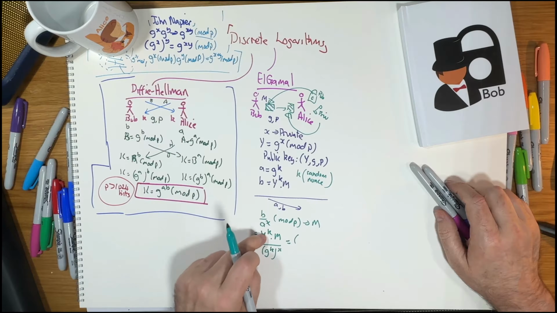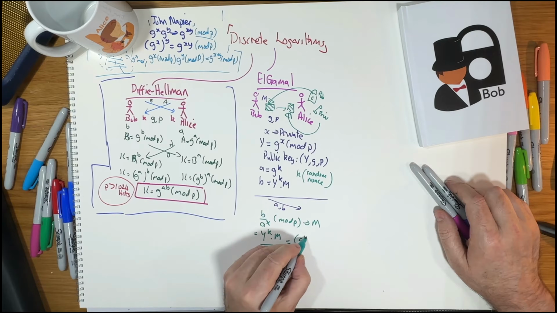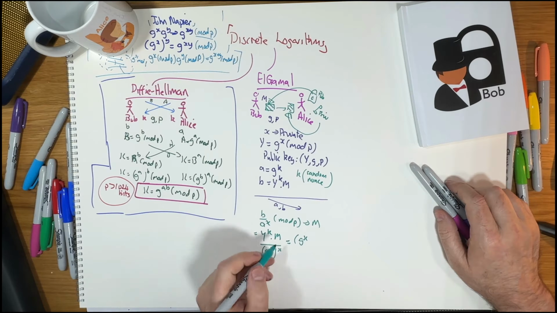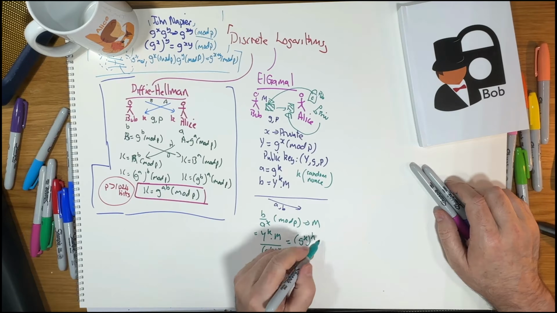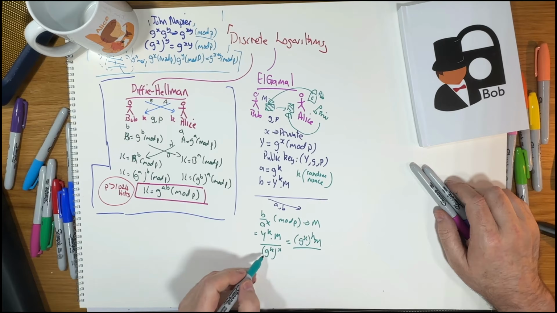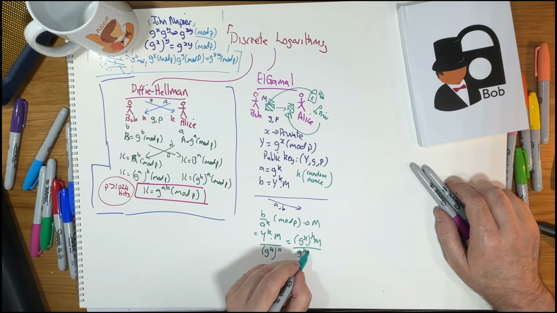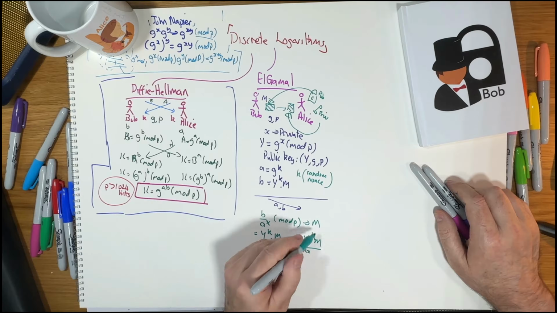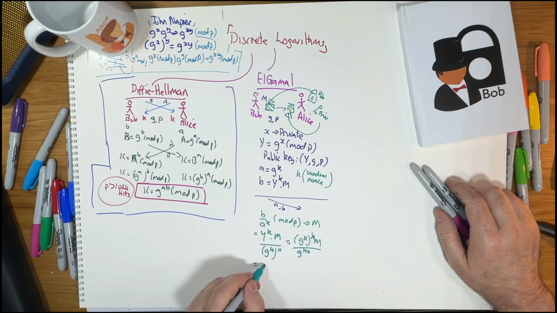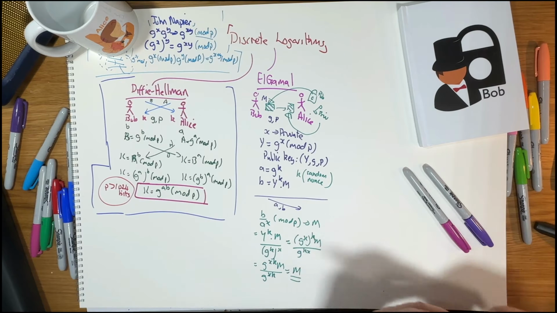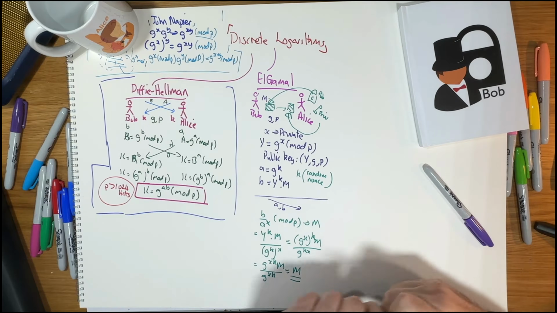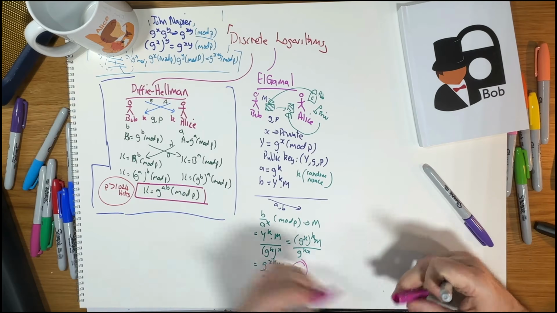Okay, so y is g to the power of x to the power of k times m divided by g to the power of kx. And look here, we've got kx there. So g to the power of xk m divided by g to the power of xk is equal to m. So that Alice will be able to recover the message.